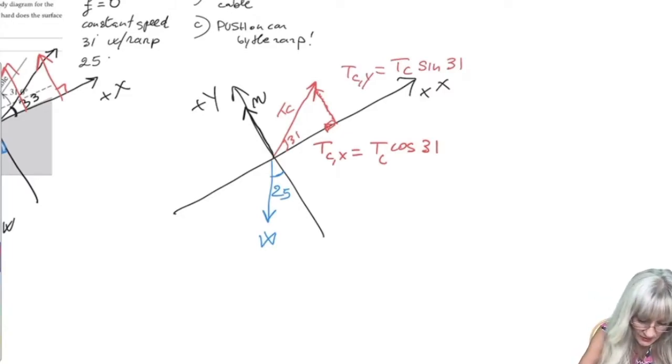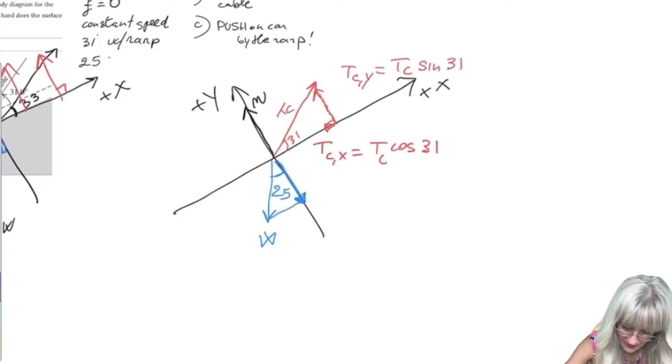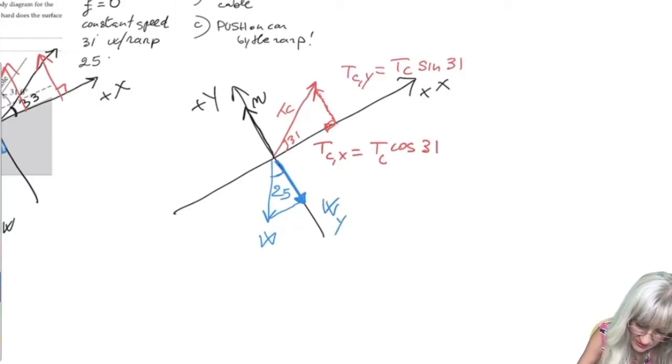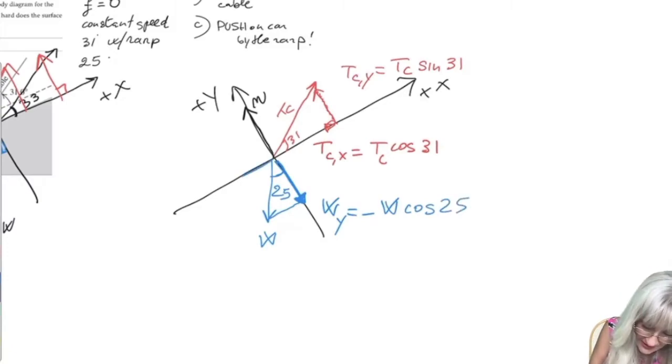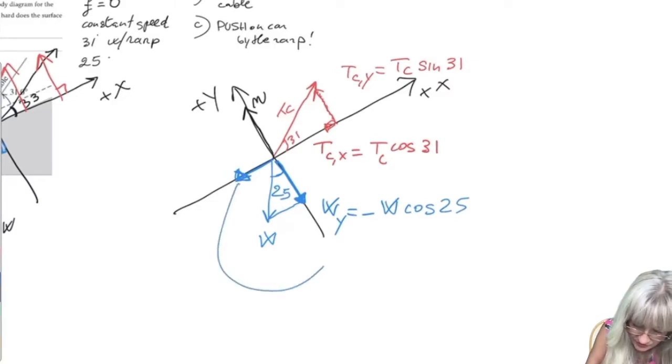When we look at the weight, you are going to see that right here is the right triangle. This will be the weight pointing down, you see, on the negative. So the vertical component is going to be negative, the hypotenuse, the weight, cosine of 25. And the x component, right here, I'm going to put it here.